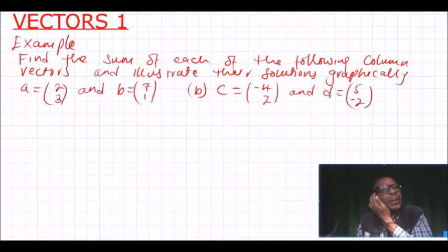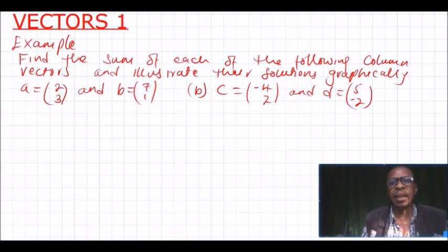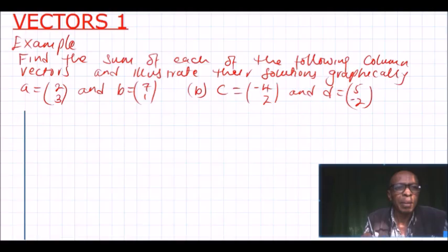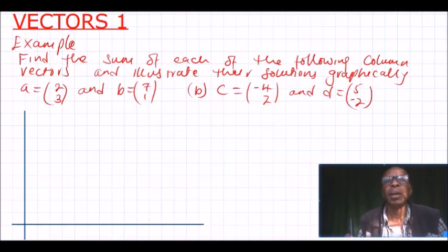Now, we say total displacement, so we can use the Cartesian plane. Let's draw the Cartesian plane here. So that is the Cartesian plane.